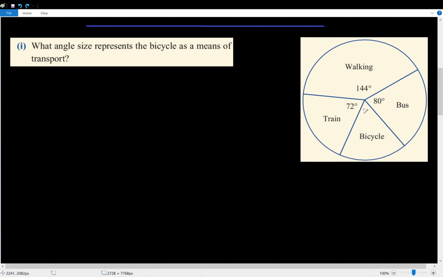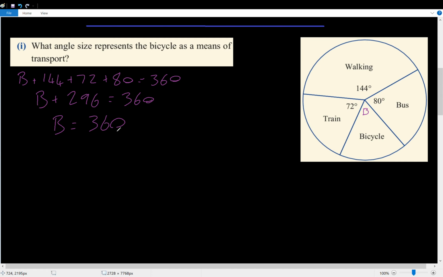So if we call this unknown angle here B, we can say that B plus 144 plus 72 plus 80 is equal to 360, which means that B plus 296 is equal to 360, which means B is going to be equal to 360 minus 296, so B is equal to 64 degrees.